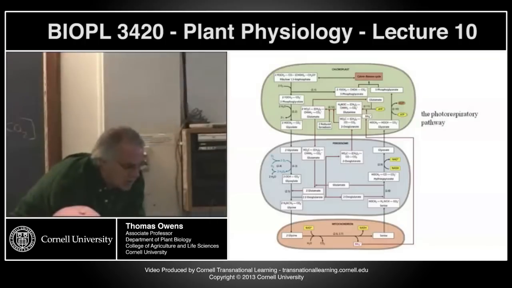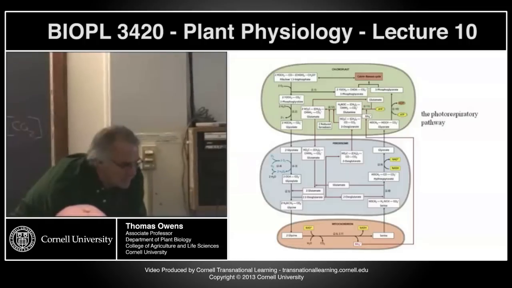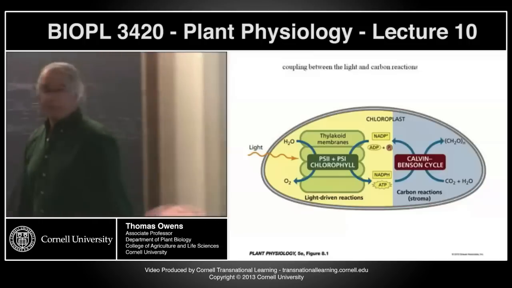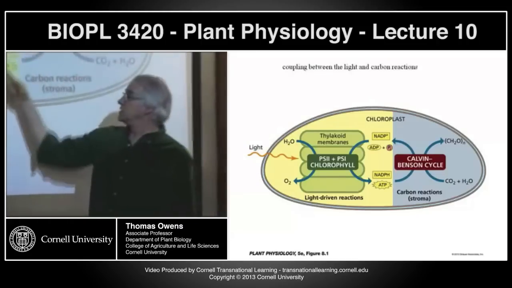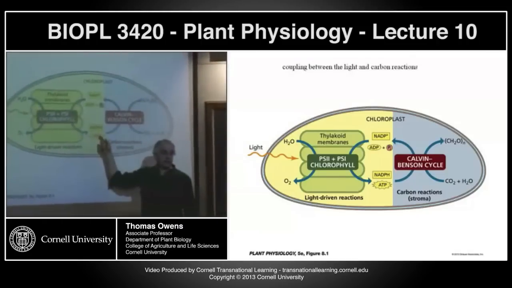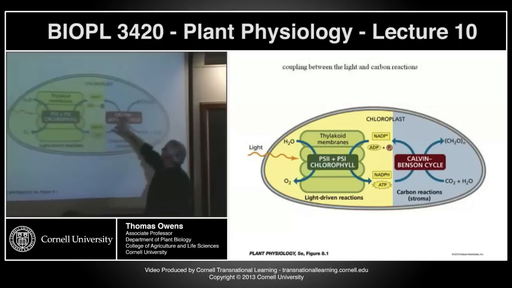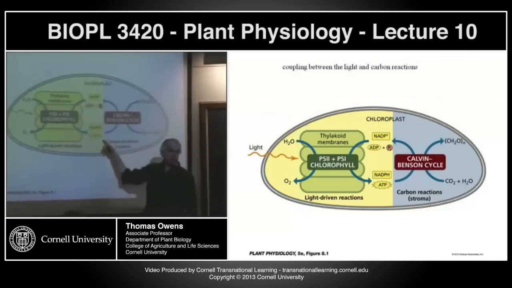Let's see, have to go all the way back here to the beginning. Remember this picture. I said how important it was. The coupling between the light reactions and the dark reactions by ATP and NADPH. The Calvin cycle is the main sink for these things, but photorespiration is another sink for ATP and NADPH.